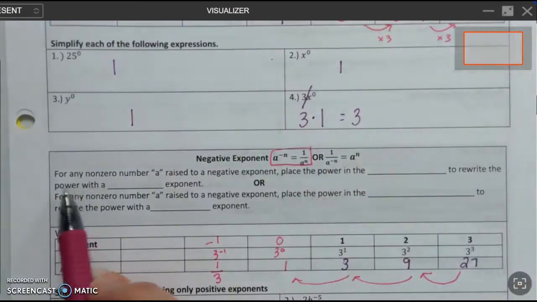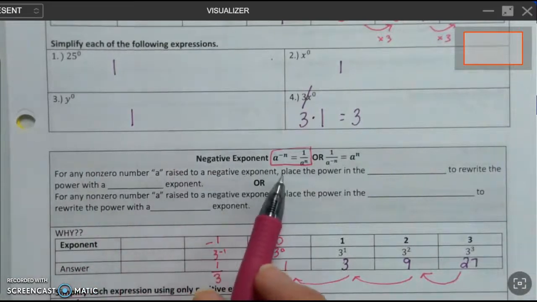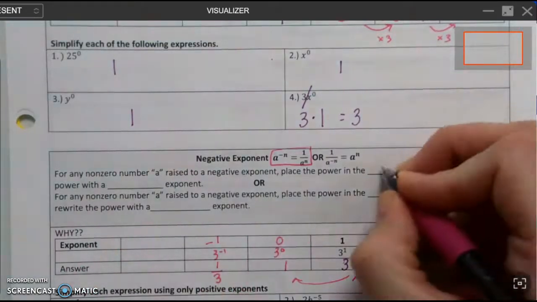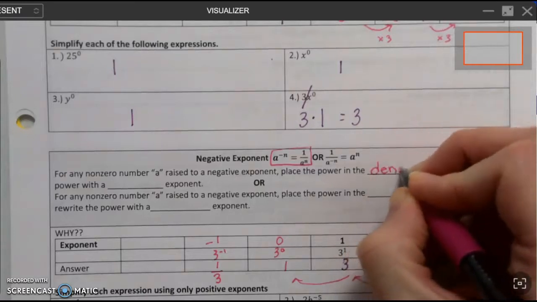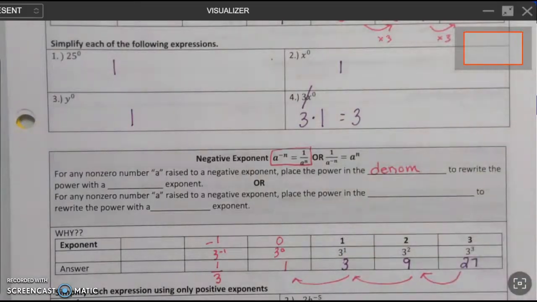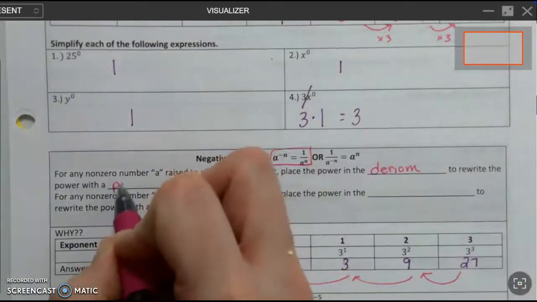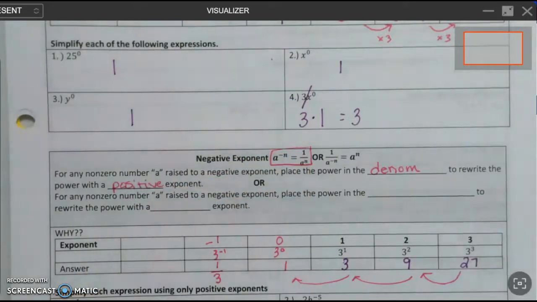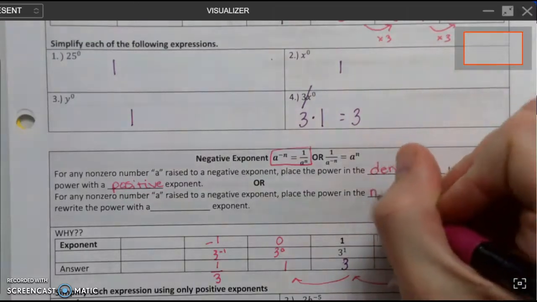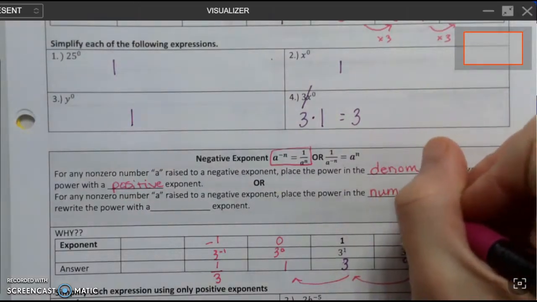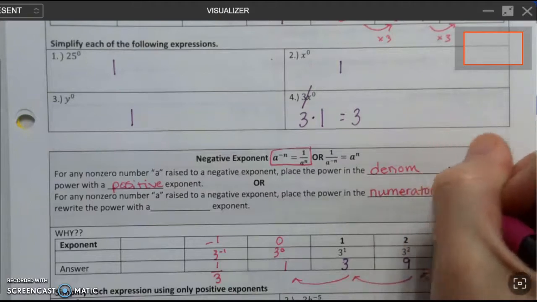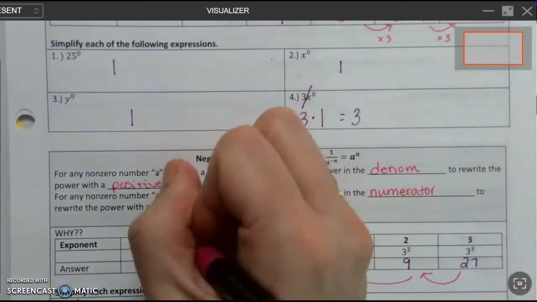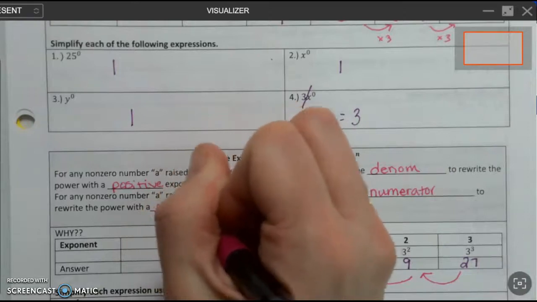So it says here, for any non-zero number a raised to a negative exponent, place the power in the denominator and rewrite it with a positive exponent. If it's already in the denominator, we will put it in the numerator so that I can have a positive exponent.